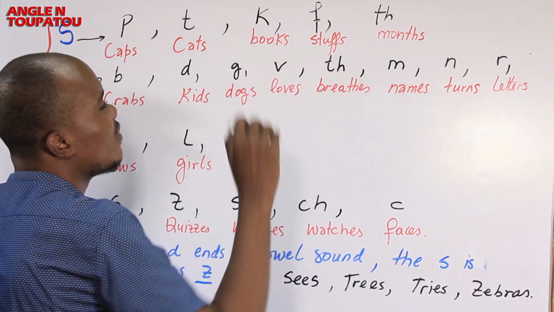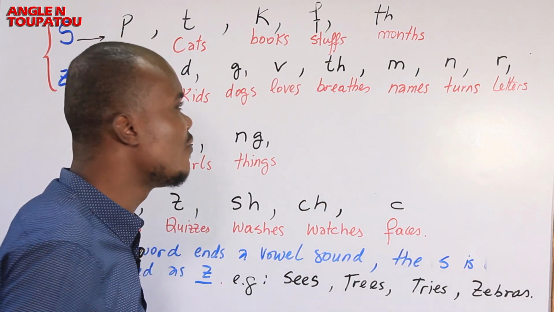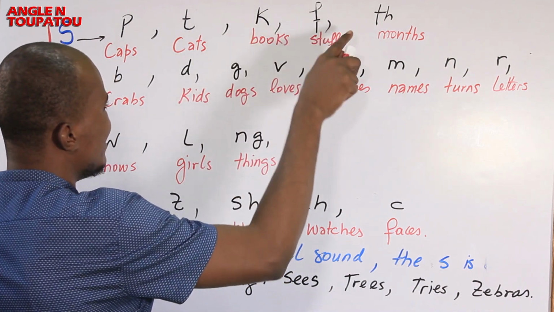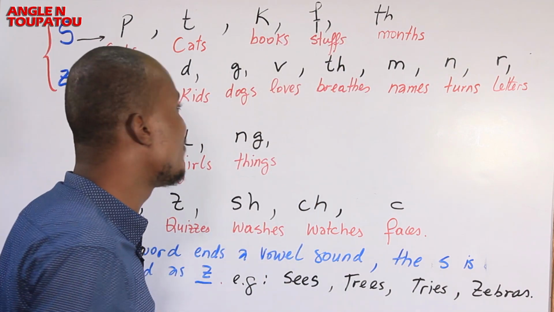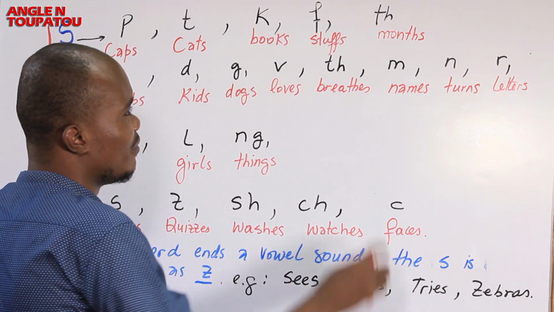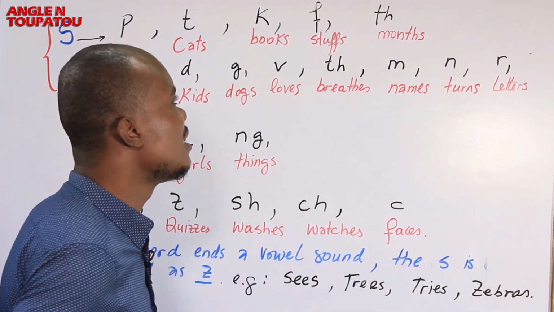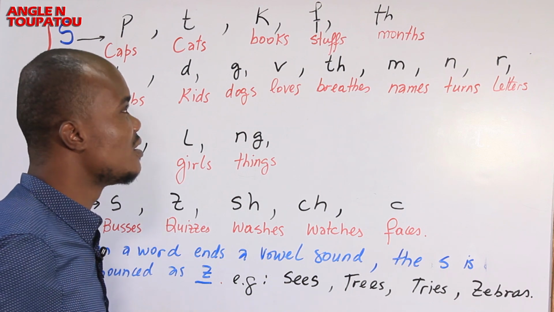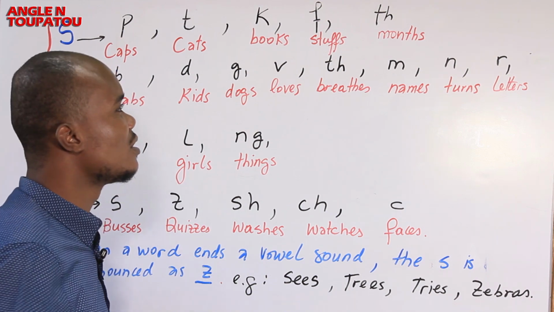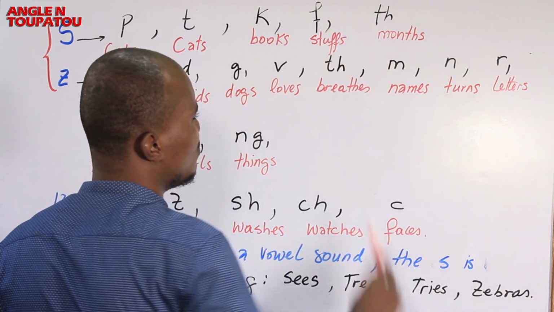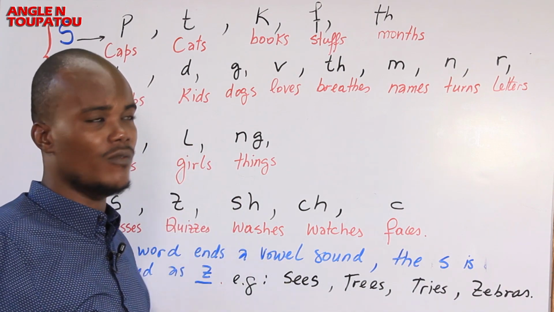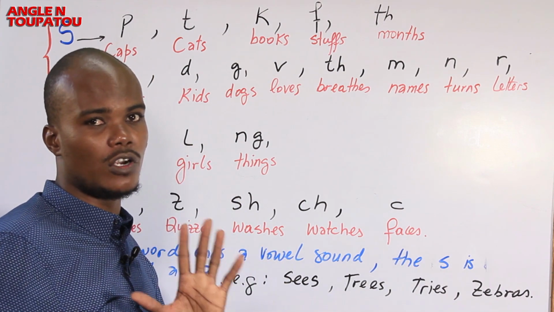Now, if you have letter F, pronounce the S after the letter F as S. For example, in the word staff, you say staffs. And if I have TH, remember there are both voiceless TH and voiced TH.